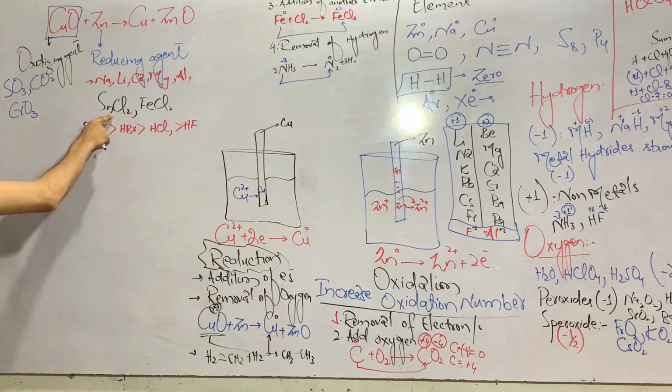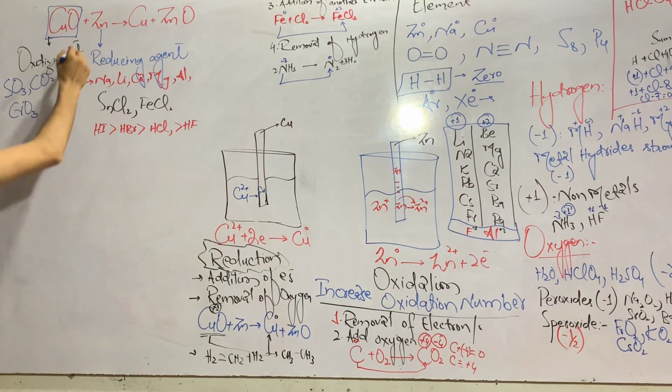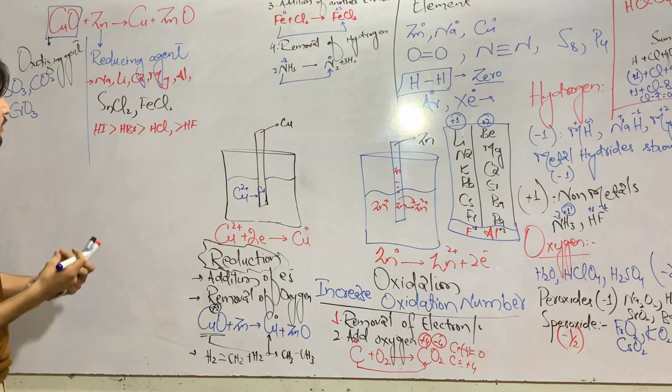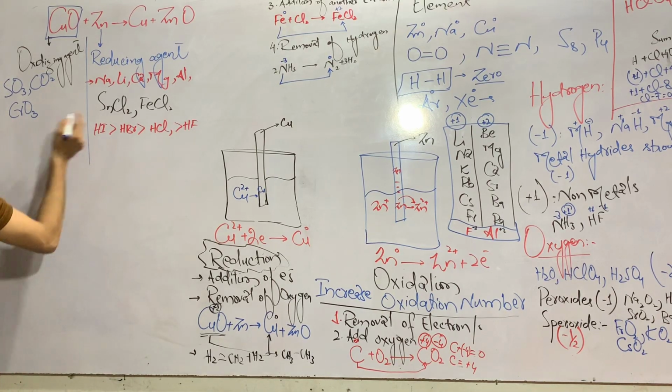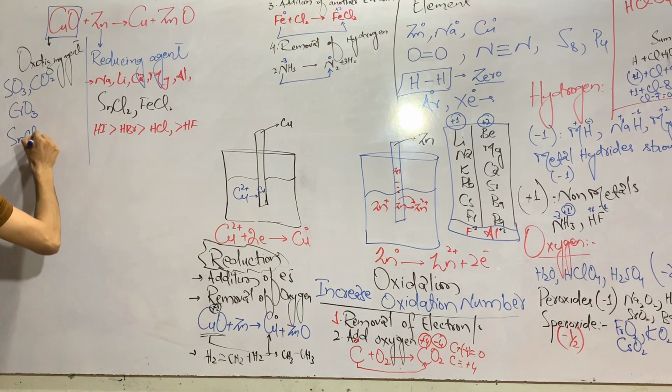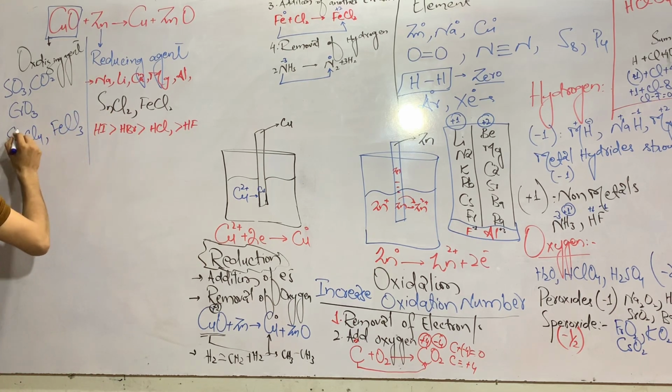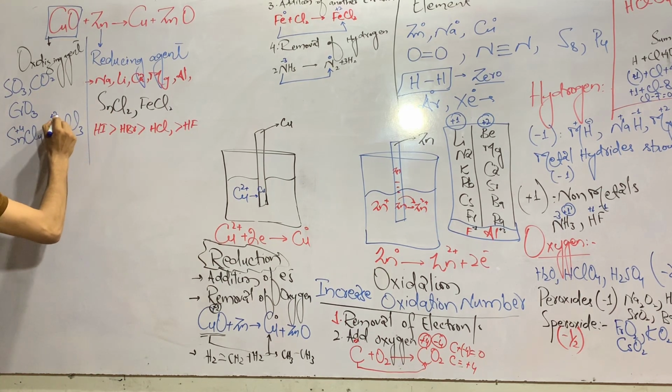Elements we talked about in a lower oxidation state act as reducing agents. But elements in their higher oxidation states act as oxidizing agents, like SnCl4, FeCl3, where Sn is +4 and Fe is +3.